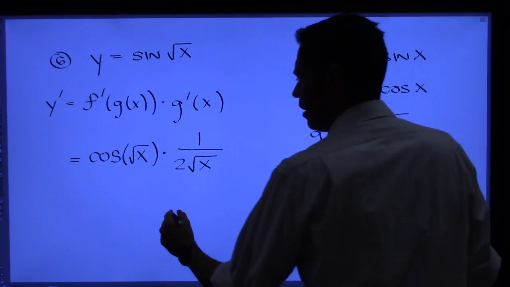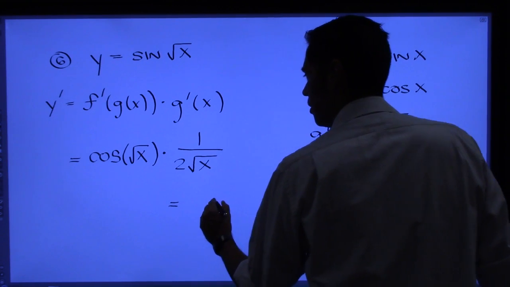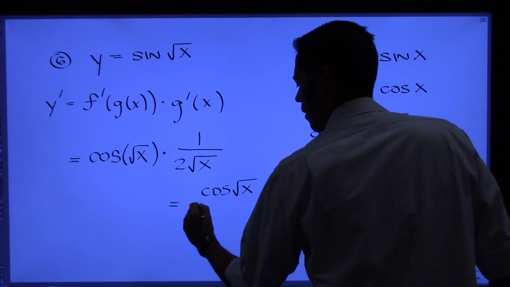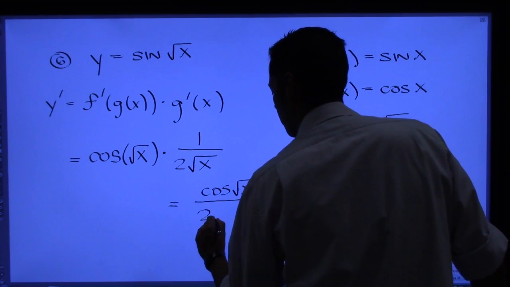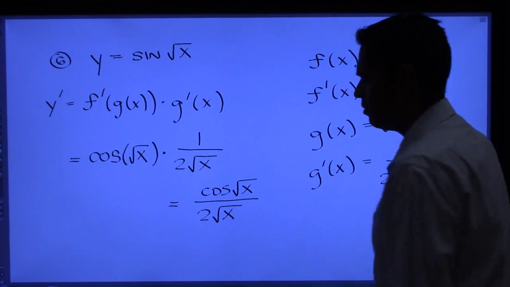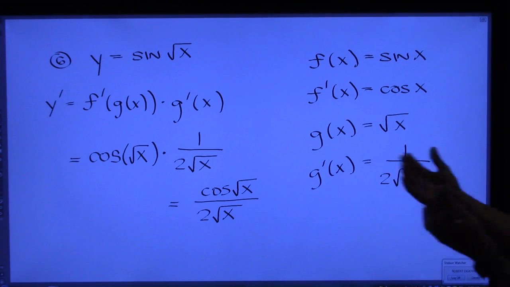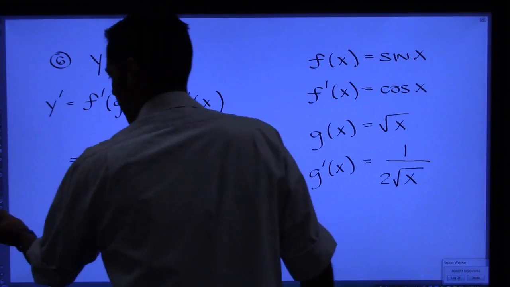And the most you could do here to clean up would just be put the cosine root x on top, and on the bottom just put 2 root x. And just remember, you cannot cancel those because this is in the argument of the cosine function, so that would be it.